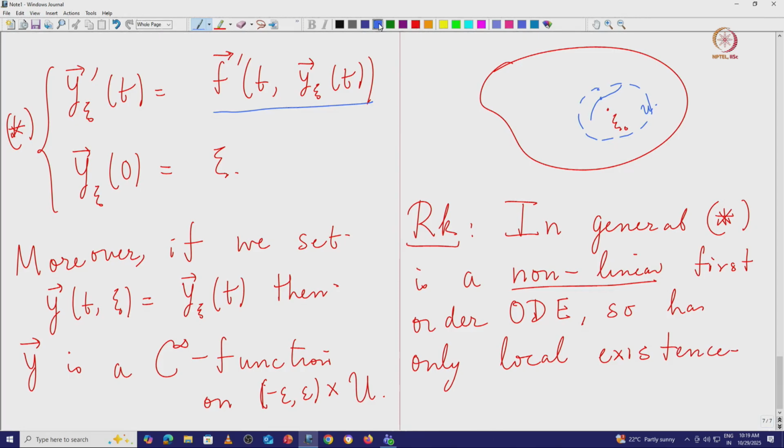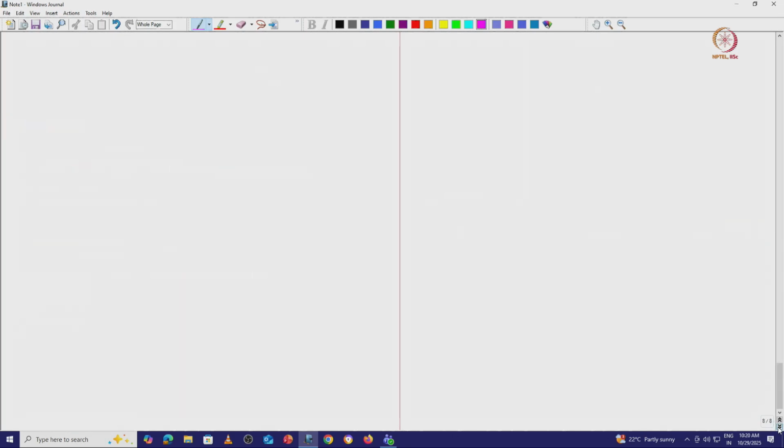So, in other words, unlike say for linear first order ODEs like what we had for the parallel transport equation, you cannot extend this curve throughout the region of definition. You only get local existence of solutions. Alright, so I am going to apply this to prove our theorem.